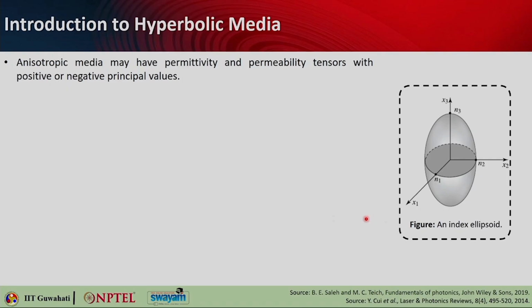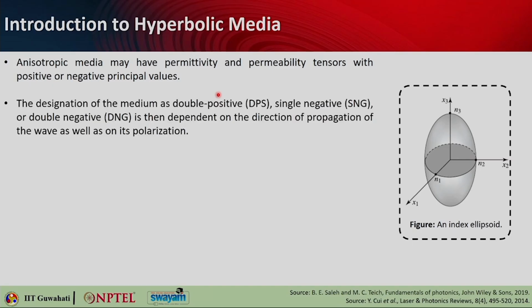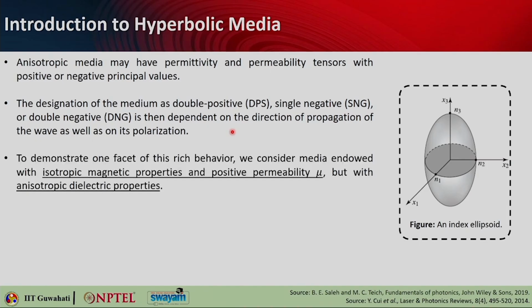Now, let us look into the concept of anisotropic media, which has permittivity and permeability tensors with positive and negative principal values. Till now we have considered all positive values. The designation of the medium as double positive, single negative, or double negative will then be dependent on the direction of propagation of the wave as well as on its polarization.